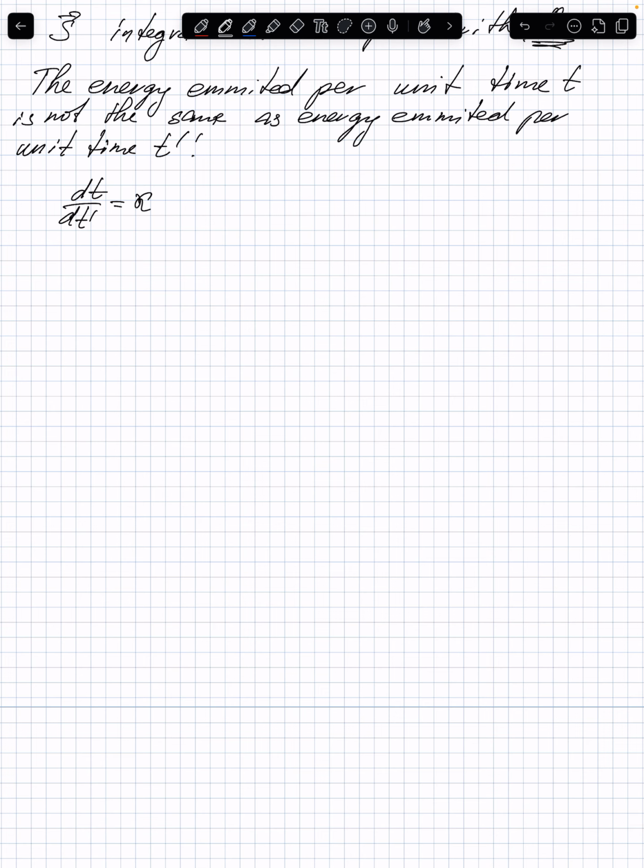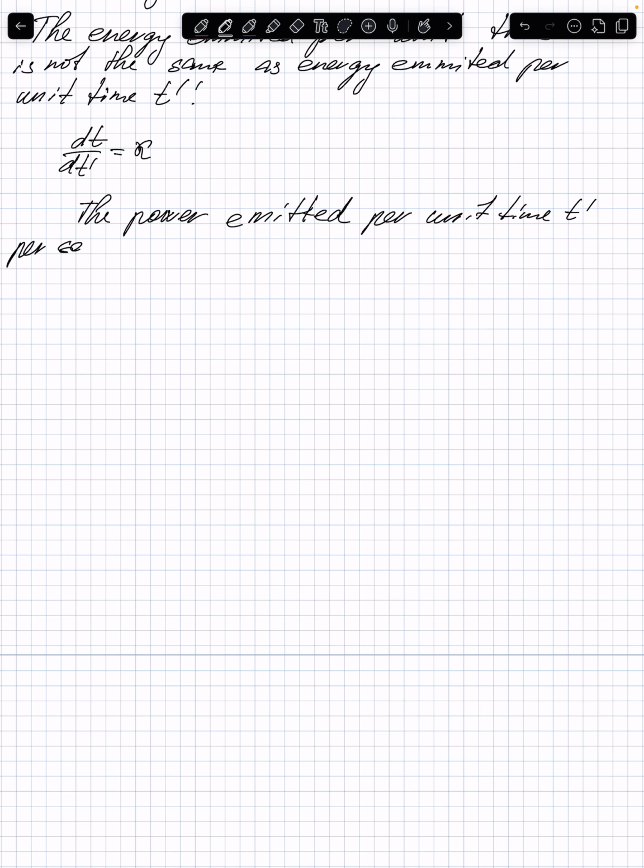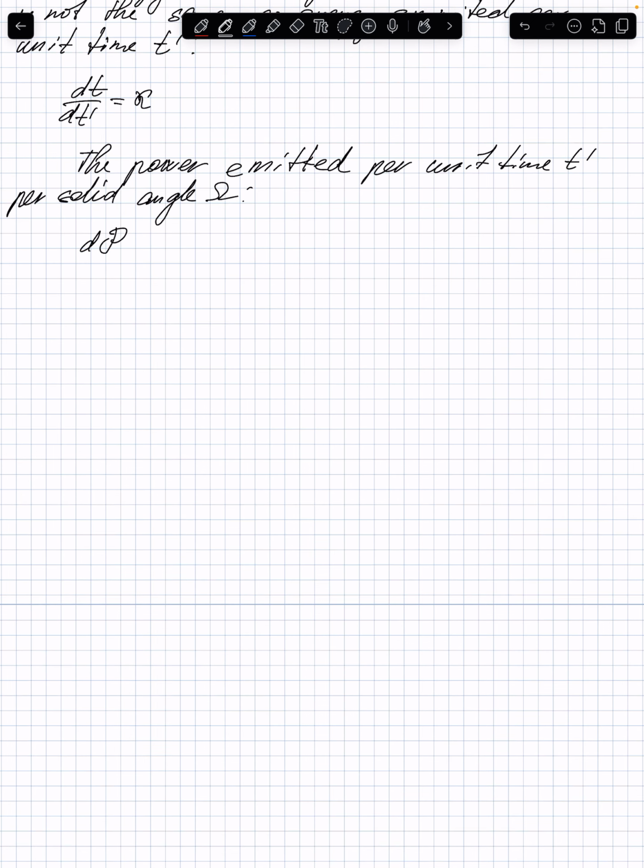Therefore, the power emitted per unit time t prime and per solid angle omega is given by the following.